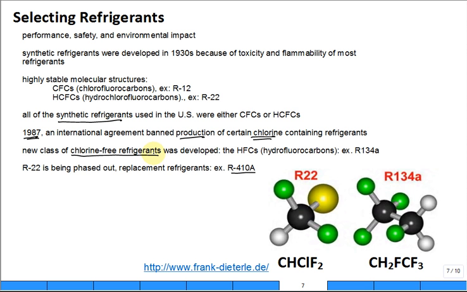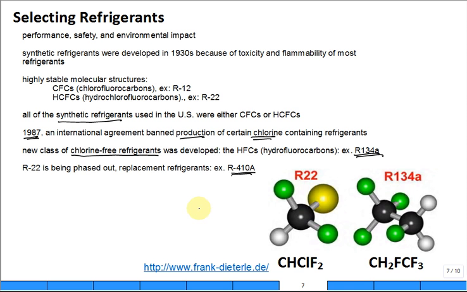And so 134A seems to be the replacement for 12, and 410A seems to be the replacement for 22. And 22 you couldn't manufacture since I think 2010. 2010 they can't manufacture any equipment that uses it. So it's been gradually phased out. Soon you won't be able to buy it or manufacture it to maintain existing equipment.